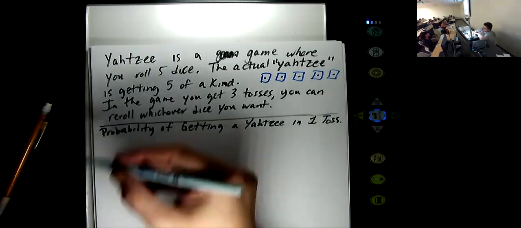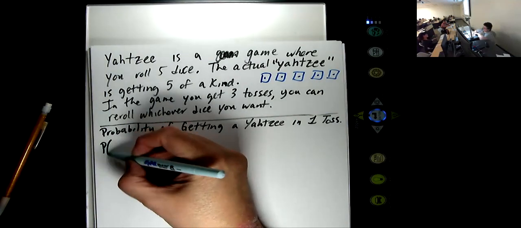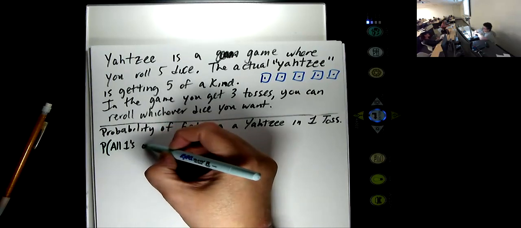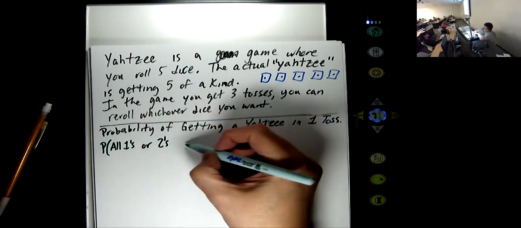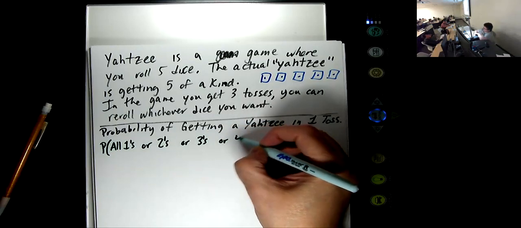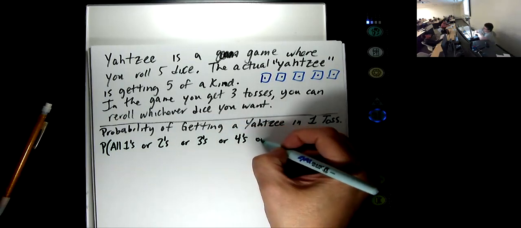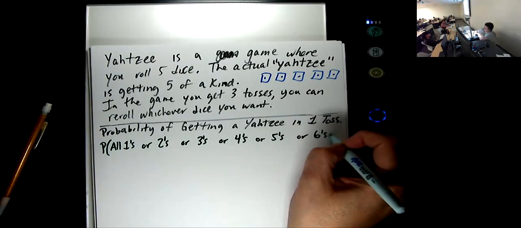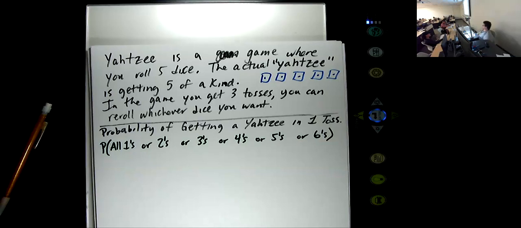So this is like the probability of getting all 1s or 2s or 3s or 4s or 5s or 6s. That's what we're looking at.